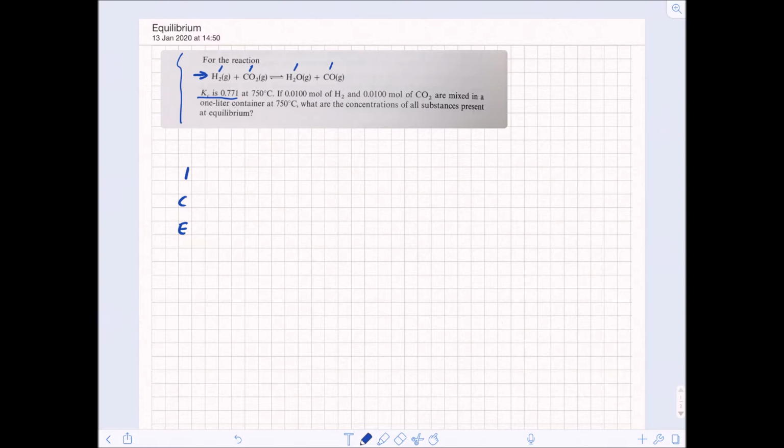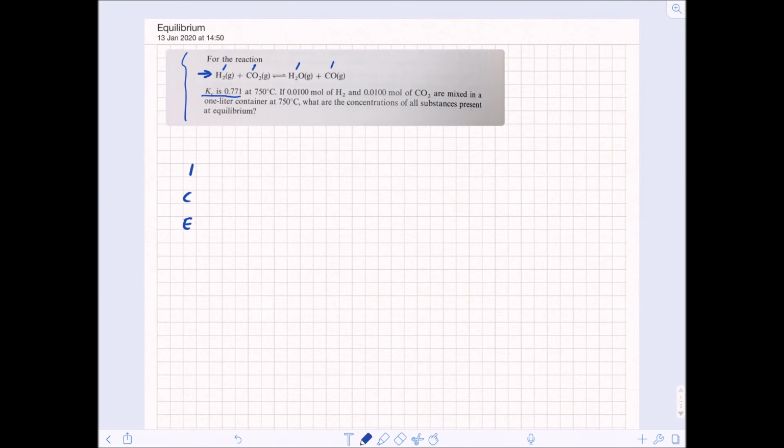So in this table, we'll write down what we have initially, we'll define the change in the system as the components react, and we'll write an expression for the equilibrium concentrations as well. We'll do this for each component in the system. So we have hydrogen gas, carbon dioxide, water, and carbon monoxide.